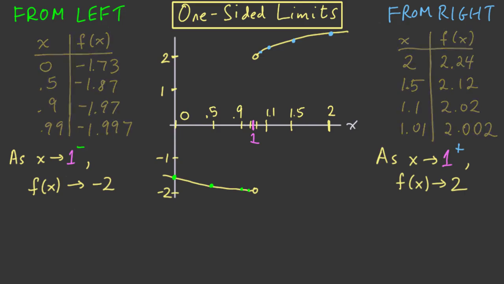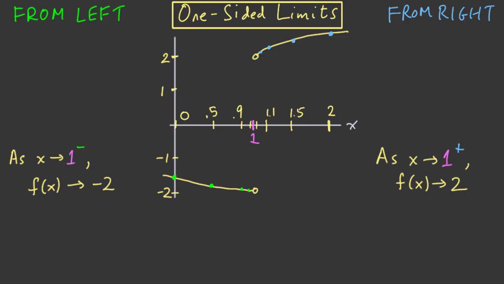Okay, let me make some space here, and we want to give an official name for this phenomenon of a function's value approaching something. We're going to call this a limit. So on the right here, we're going to say that the limit of f of x as x approaches 1 from the right is 2.